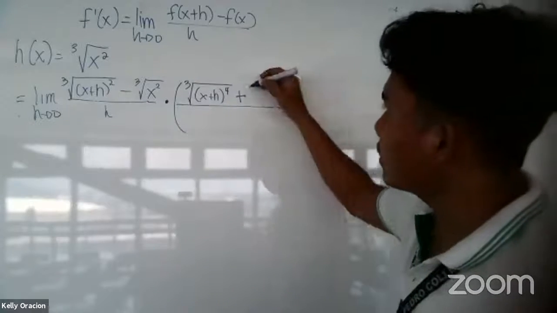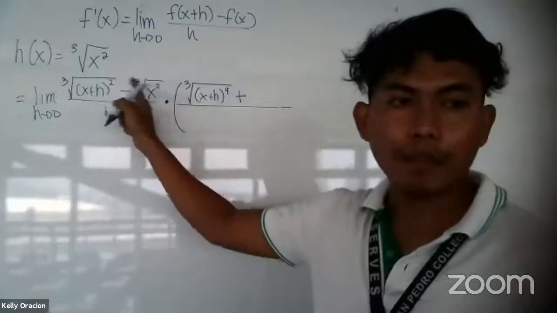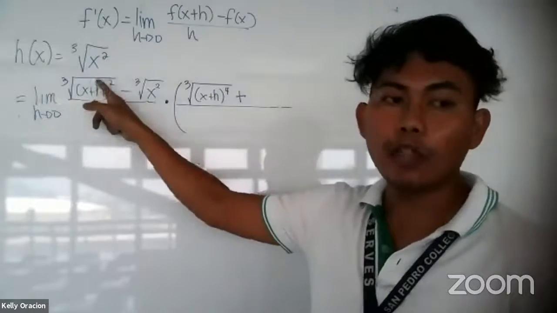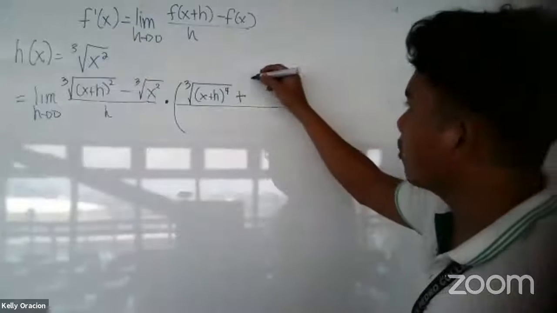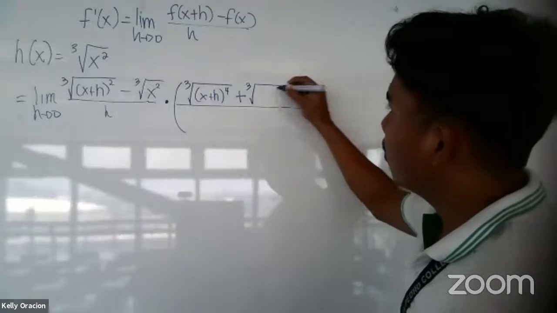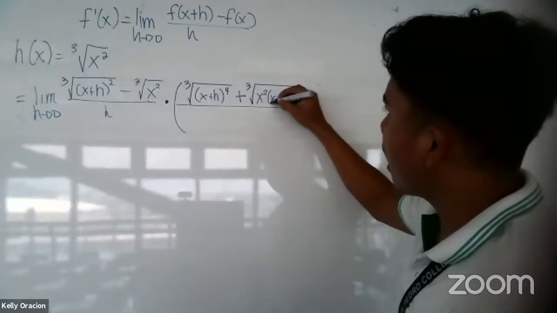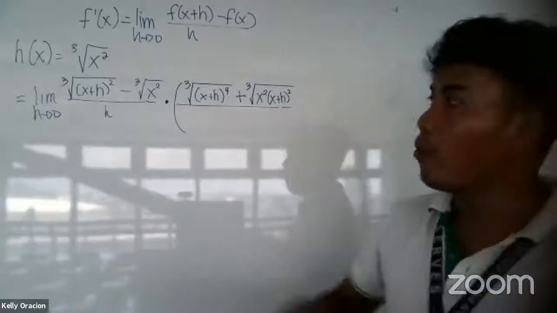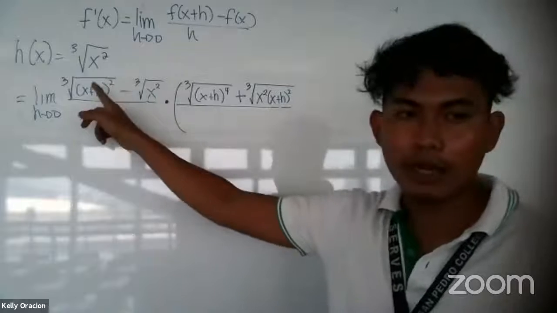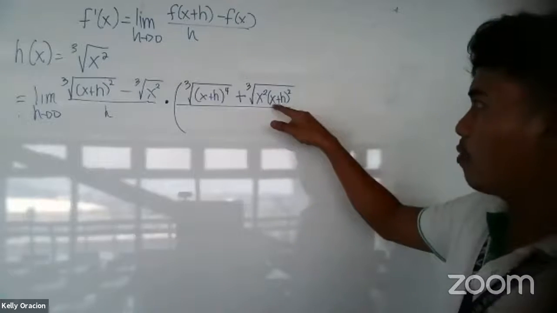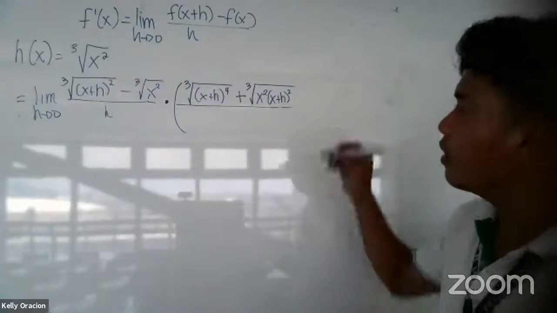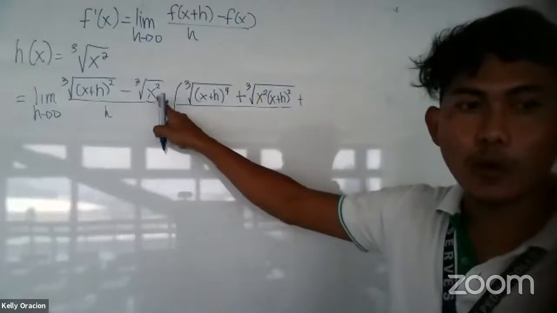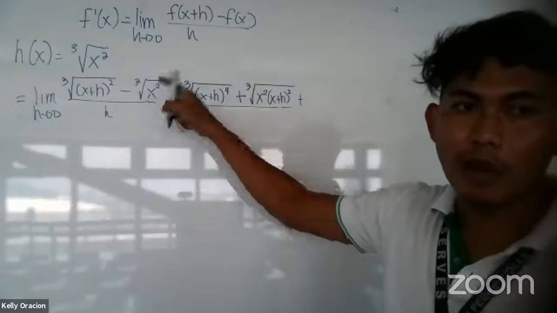The next one is, you multiply the two. You multiply these two, this and this. Then multiply these two. The answer will be cube root of x squared times x plus h squared. Again, multiply these two. This is what came out. And lastly, you square this. You square the last term.